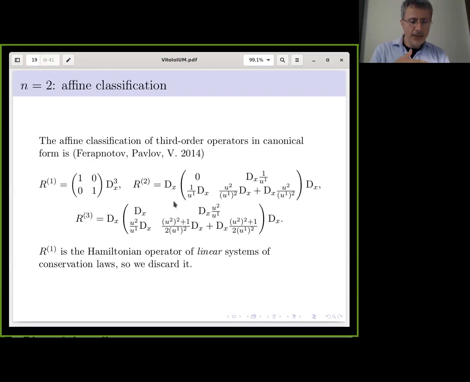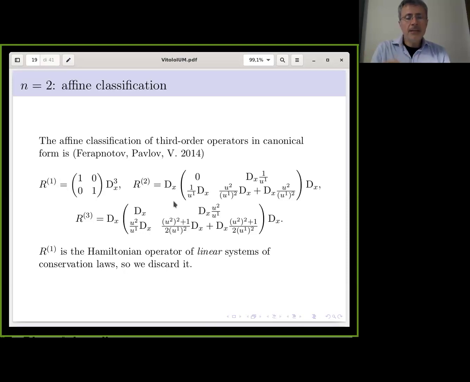So now, in the rest of the talk, we will speak about classification or examples in different dimensions. We start, of course, from the lower dimension. In n equals 1, there is nothing non-trivial. So in n equals 2, there is something, relatively few, you will see.